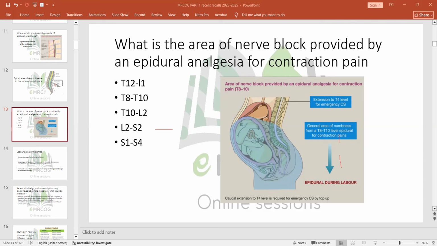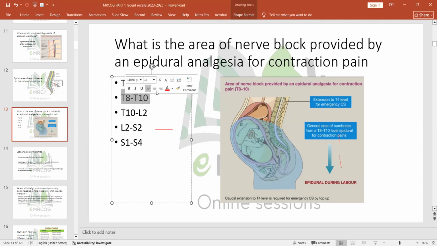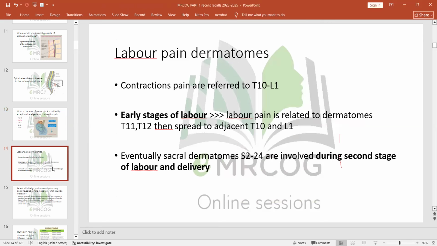This is how I'm going to have numbness at all the underneath levels, which makes sense. You know why? Because the contractions are referred to T10 to L1. So if I start from T8, that's perfect, right?